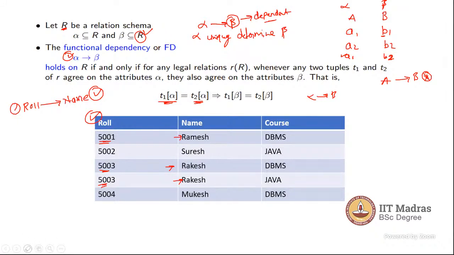Sir, we have one query here. Can we ask? Yes. Suppose roll number is one attribute and name is another attribute. Can we talk about one-to-one and many-to-one relationships between attributes? It will be easier to understand like that, like alpha tends to beta.